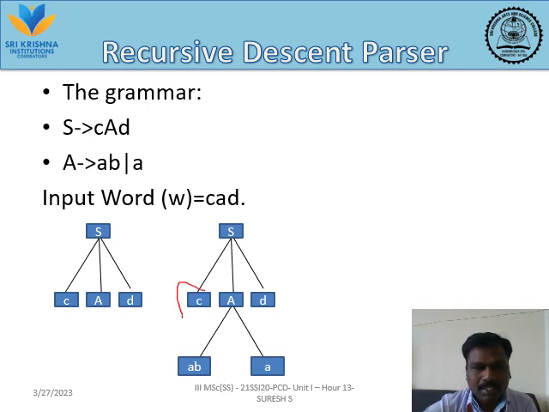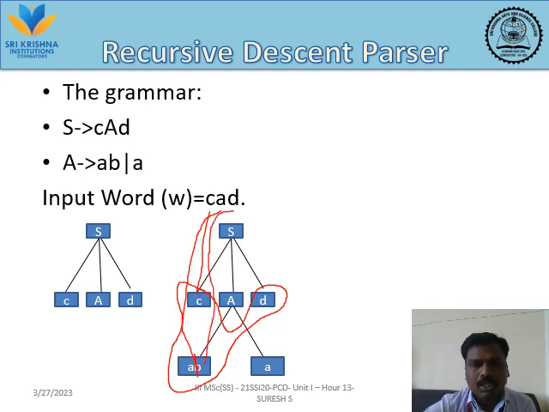When we consider the first alternate C, A, B, and D, it is not matching. Look here: the first input symbol is C, the second input symbol is A, but the third input symbol is D, while here the third symbol is B. So it is not matching. If we use the first alternate, substituting capital A with AB, the output word will be small c, small a, small b, small d.